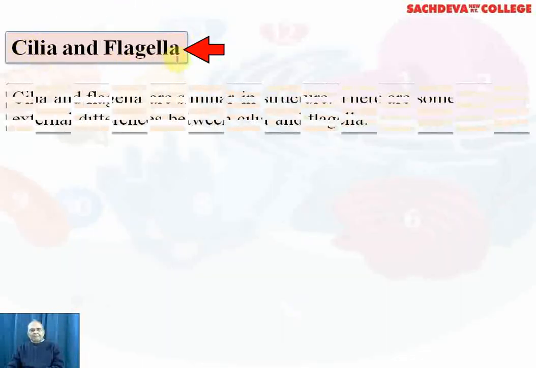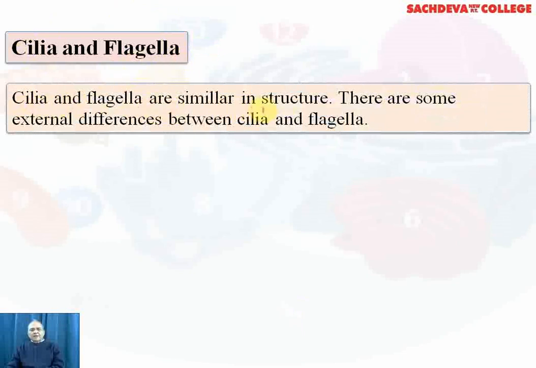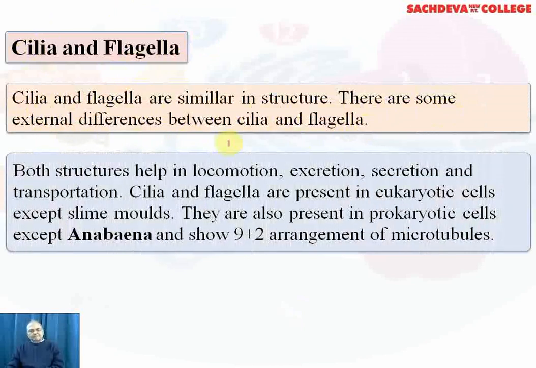Cilia and flagella. Cilia and flagella are fundamentally similar in structure. There are, of course, some differences between cilia and flagella. Both structures help in locomotion, excretion, secretion, and transportation. Cilia and flagella are present in eukaryotic cells except slime molds.